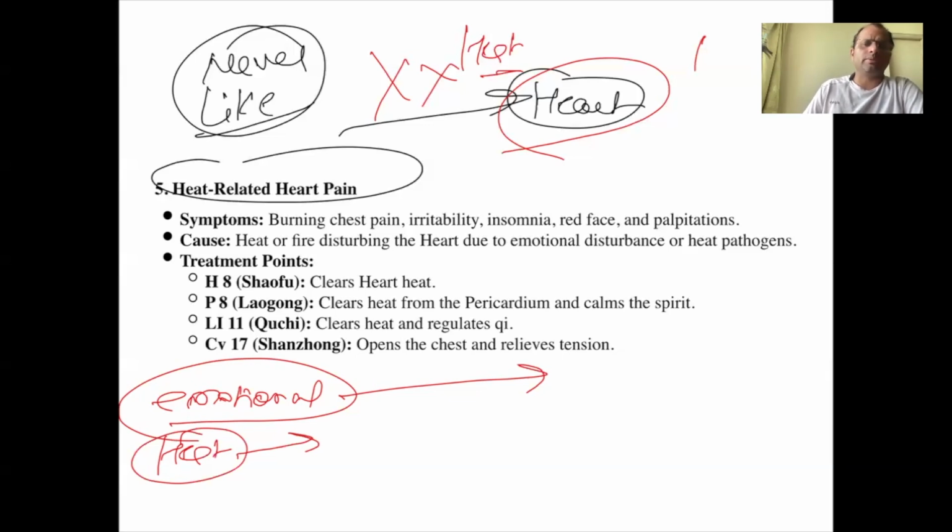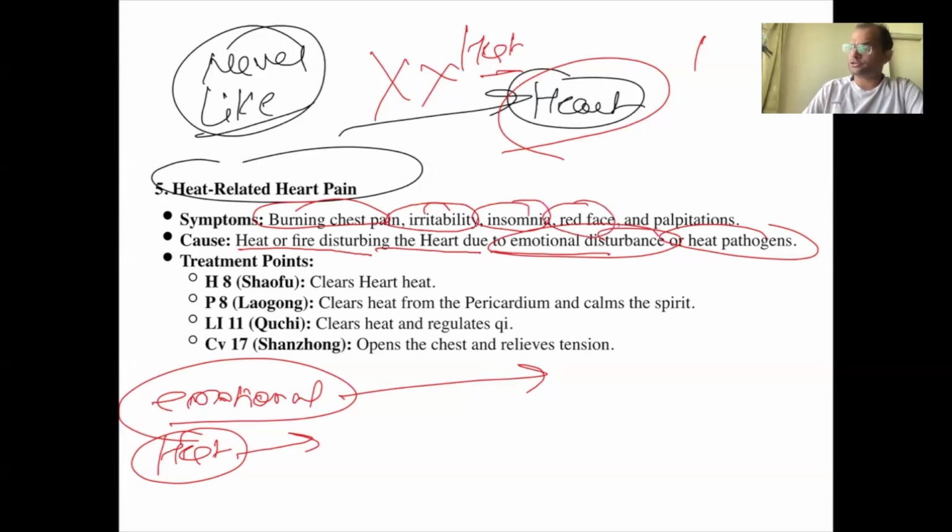There might be many reasons they might create the heat. So heat and fire disturbing the heart due to emotional disturbances or heat pathogen. Then there is burning chest pain, irritability, insomnia, red face and palpitation.